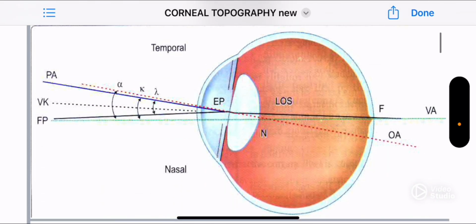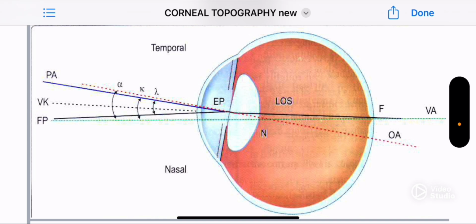Now, coming to the optical system of the eye, here in the diagram we can see there are various axes, various angles and various points. When we have a look at the eye, EP stands for the pupillary center, and it also stands for the entrance of the pupil.